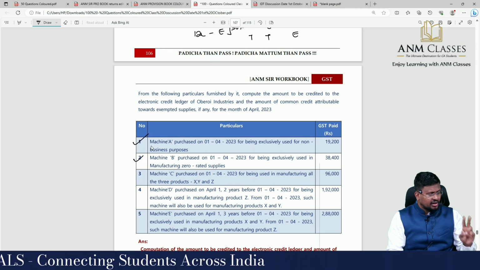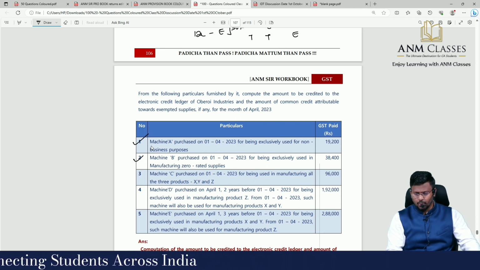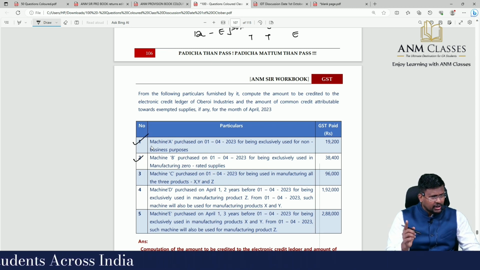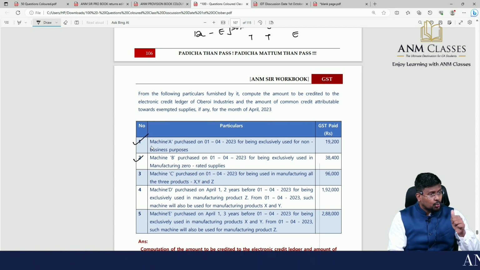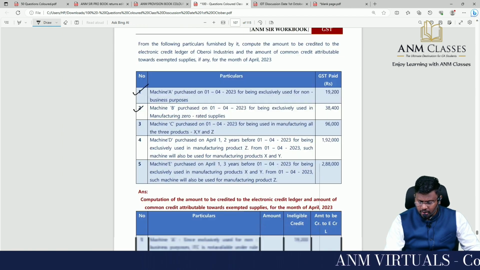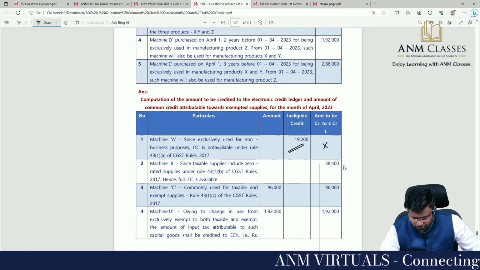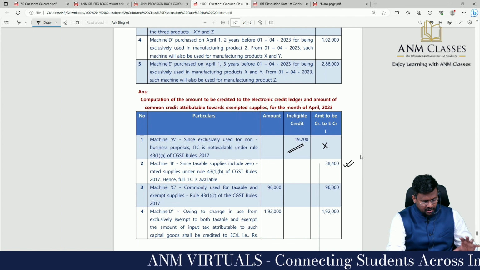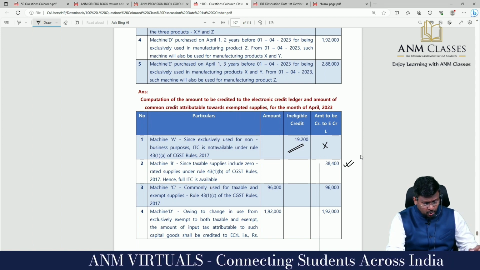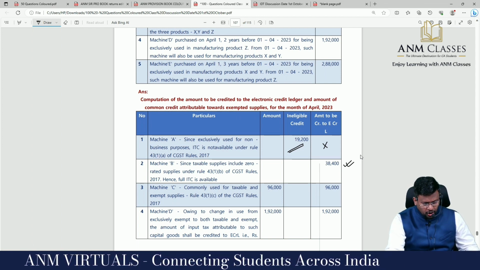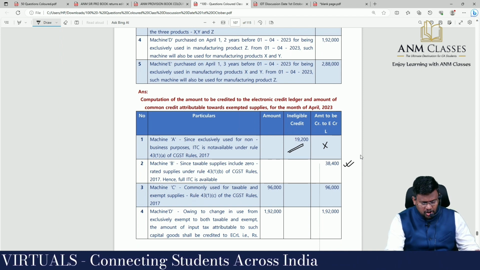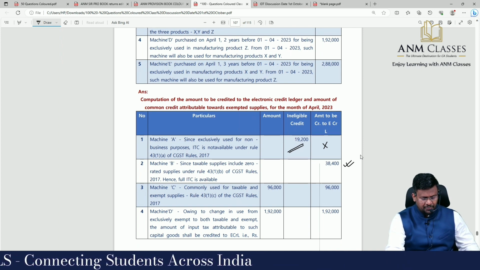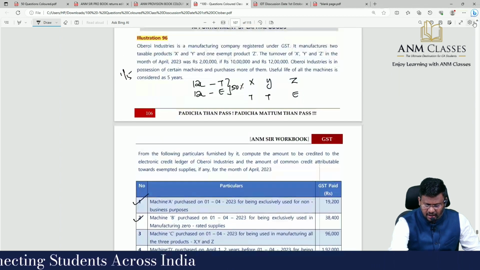If a machinery is going to be exclusively used for zero rated supply, you can take ITC for that machinery in one shot. So the entire 38,400 can be credited to the electronic credit ledger. Since taxable supply includes zero rated supply, under rule 43 sub rule 1 clause B of the CGST Rules 2017, full ITC is available.